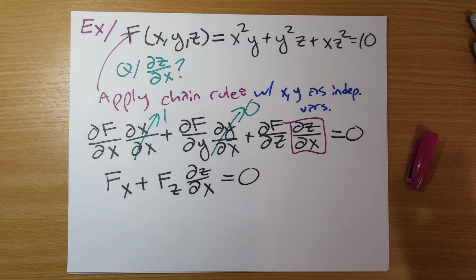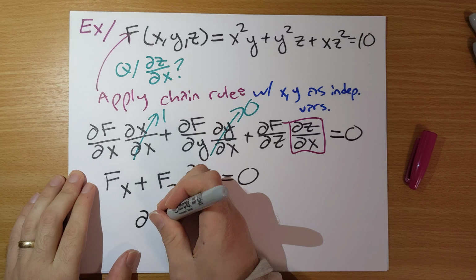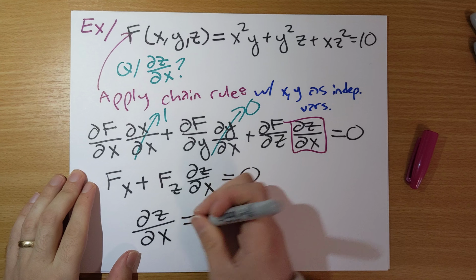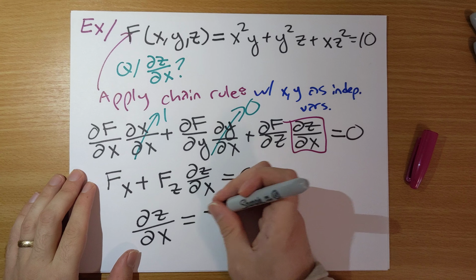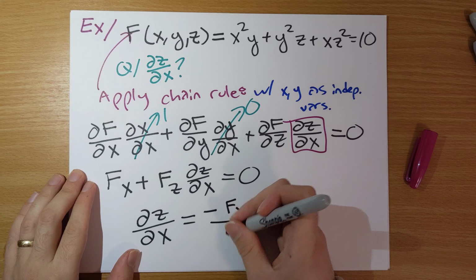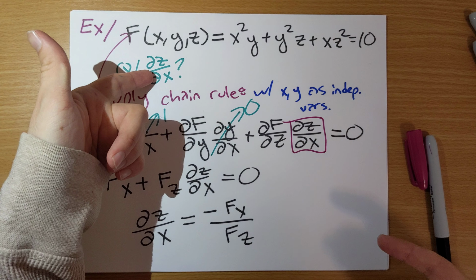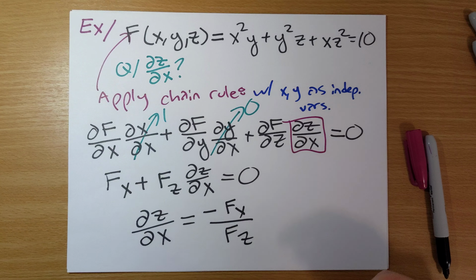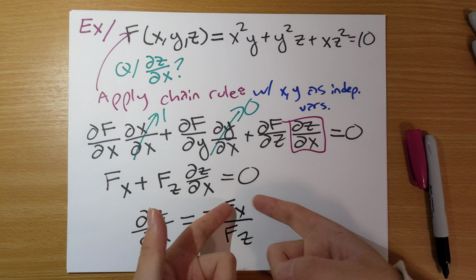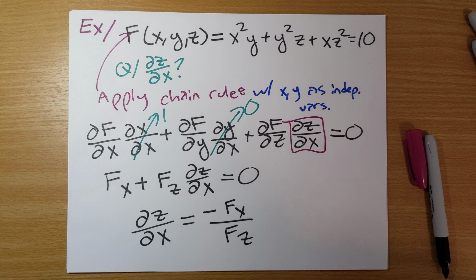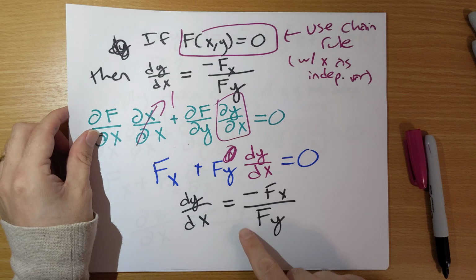And if we solve for the partial derivative of z with respect to x, we get negative f sub x over f sub z. So to find the z partial derivative with respect to x: negative f sub x divided by f sub z, which is, as a reminder, essentially the same formula that we came up with back here.